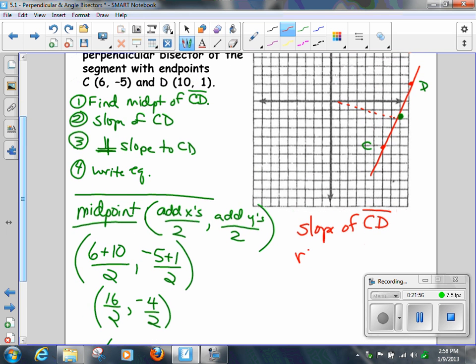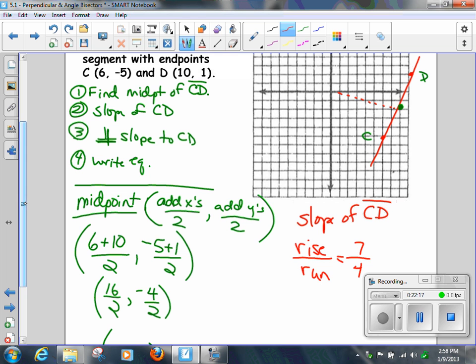All right, so start at the bottom. We're going to rise 1, 2, 3, 4, 5, 6, 7. And we're going to run 1, 2, 3, 4. 7/4. Now we could verify that.